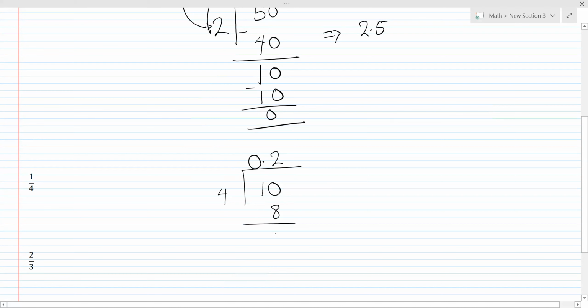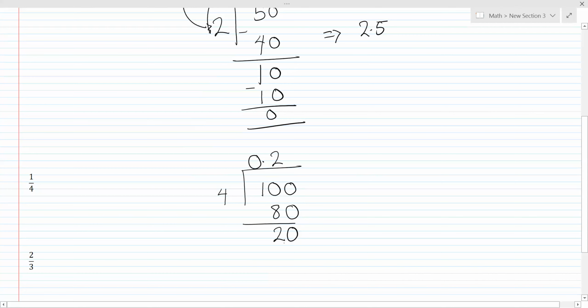10 minus 8 is 2. Can 4 go into 2? No, because 2 is less than 4. So what do we do here? We can add another 0 here and here. So we just add another 0 here.